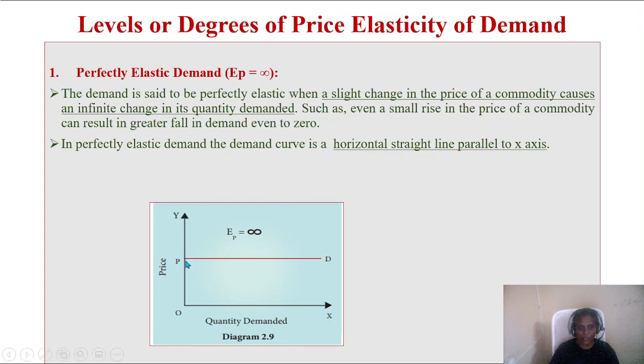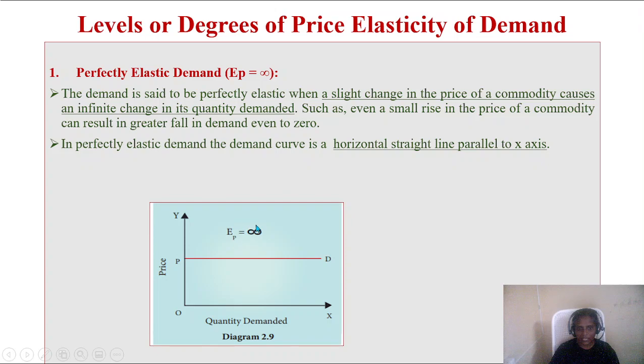So the quantity demanded among consumers keeps on increasing, which we call perfectly elastic demand. The red straight line demand curve indicates this, and numerically we write it as EP is equal to infinity.